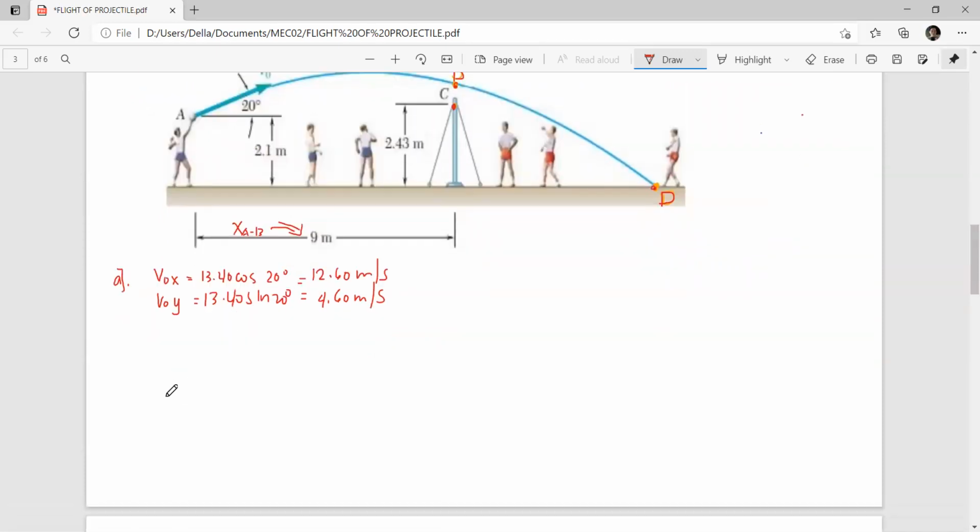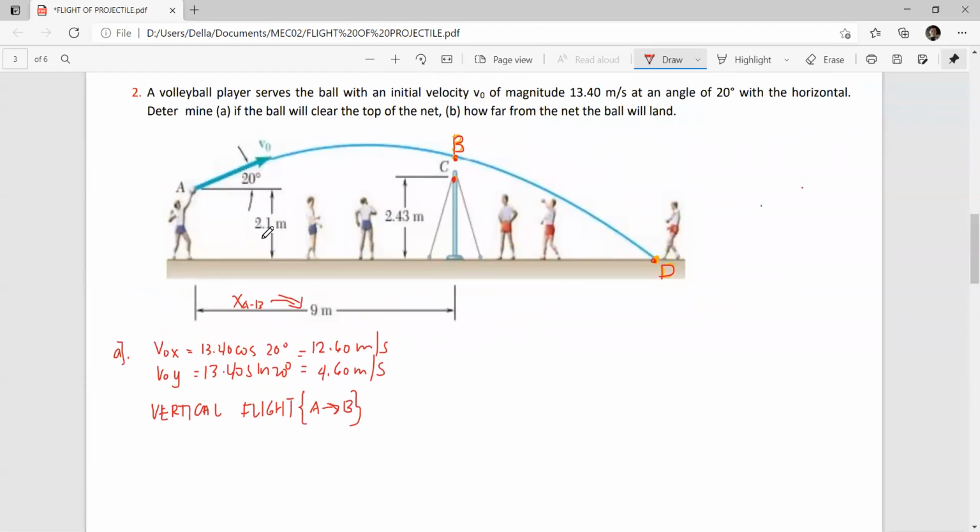Okay. So at letter A, let us consider the vertical flight from A to B. So establish first here our axis. This is y and this is the x-axis.